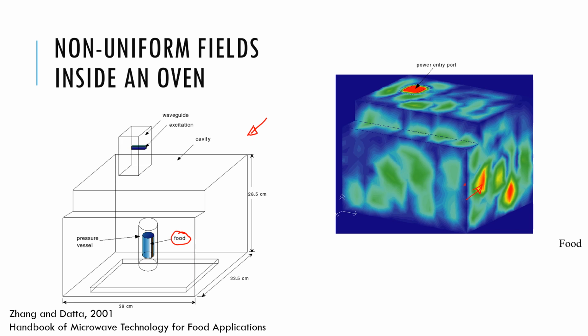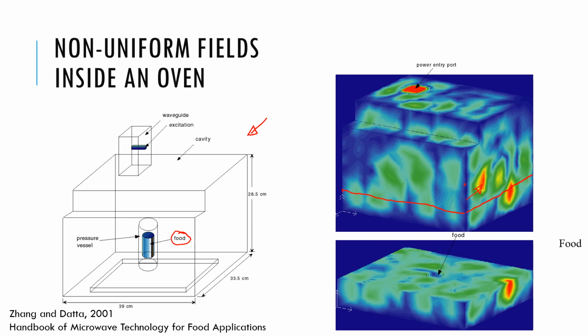So this fundamental non-uniformity is built into the microwave oven due to the standing wave pattern. If I take a section like this through the oven, then it looks like this here. So here is the food placed, and you can see these standing wave patterns that show quite a bit of non-uniformity between here and here, the red and the green and the blue.